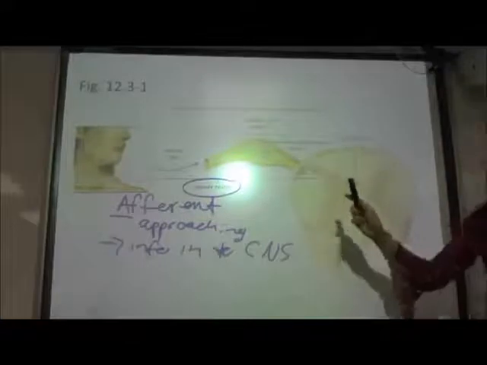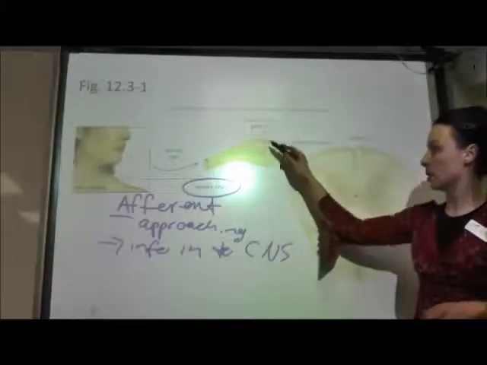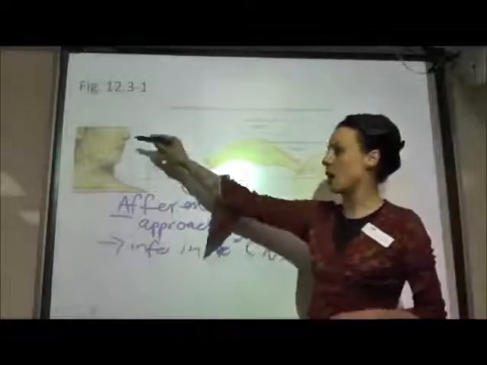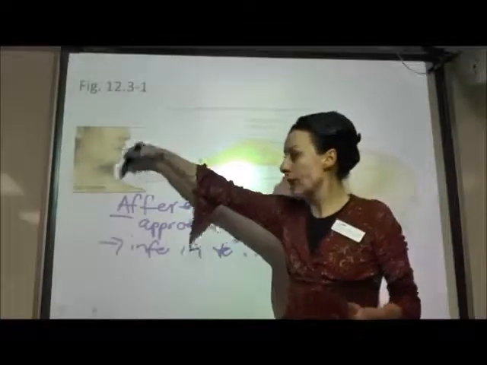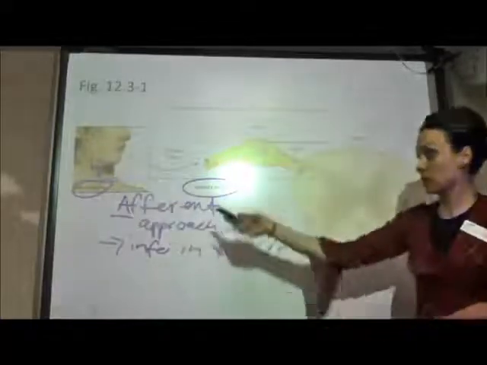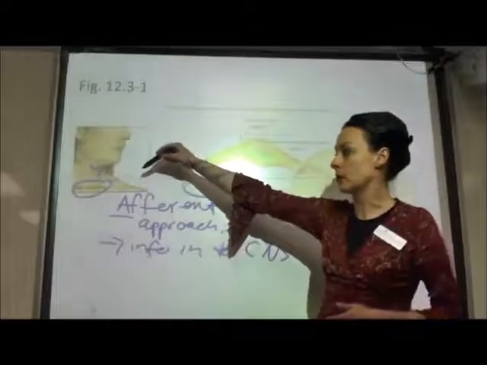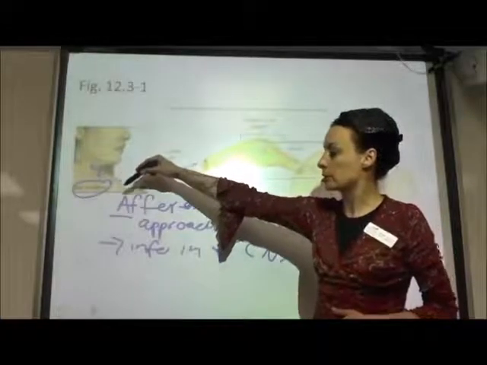So these are our sensory nerves, and as we can see, these are those unipolar neurons. They've got these big long axons that are stretching out, and they've got these little dendrites that are in contact with skin receptors. We've got lots of different types of receptors in the skin that we'll talk about when we get to spinal conduction pathways.